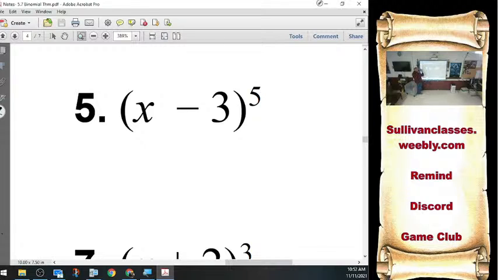Fifth row is 1, blank, blank. 5, blank, blank. Then, was it 15? No. 10? 10, 20, 10? Nope. 10, 10, 5.